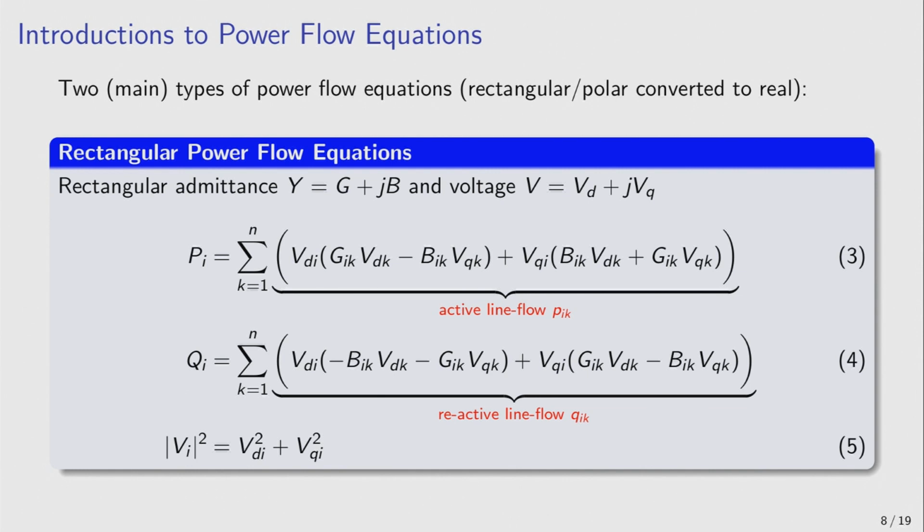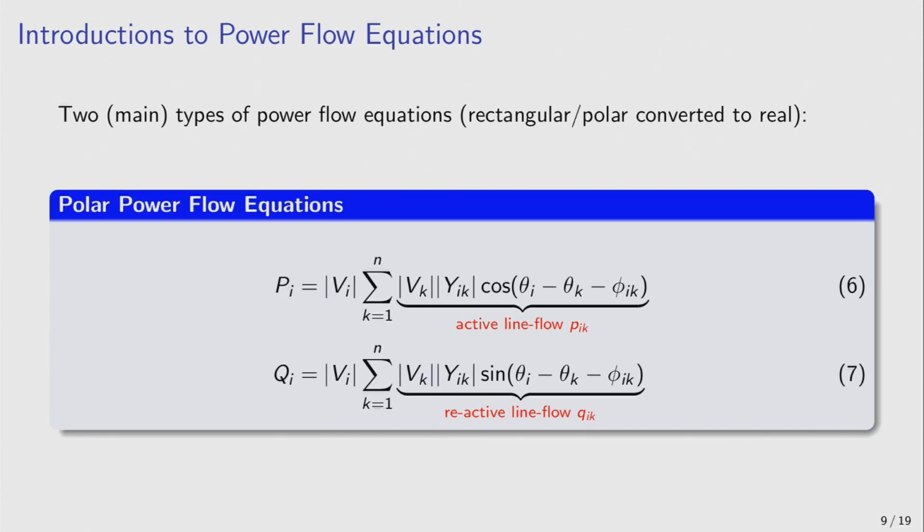And then the voltage squared magnitude is given by this simple formula: the square of the magnitude is equal to the square of the real part plus the square of the imaginary part of your complex variable. And you can write those down. It's fairly simple calculus.